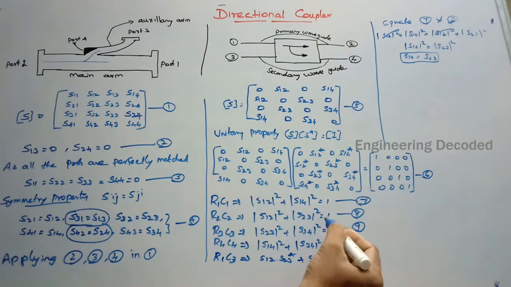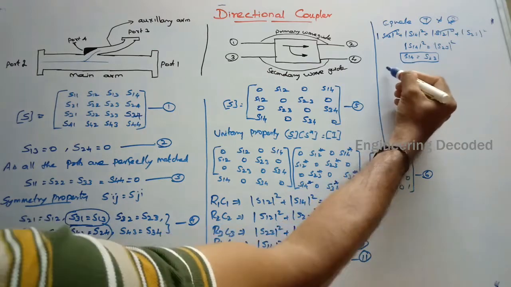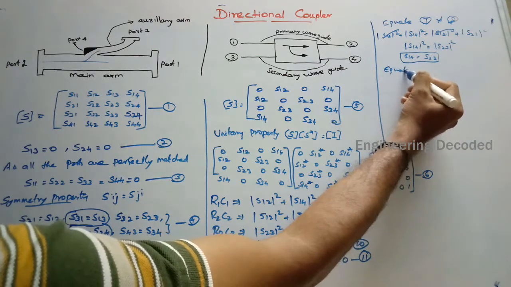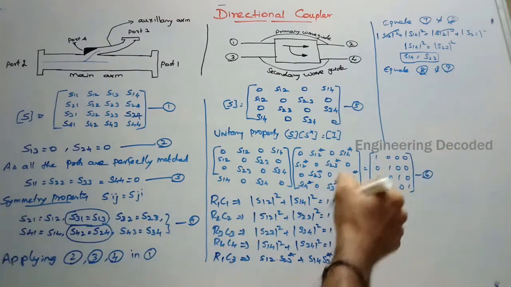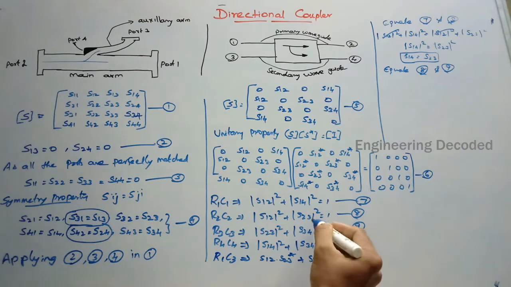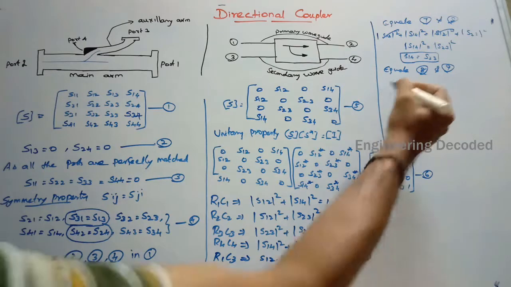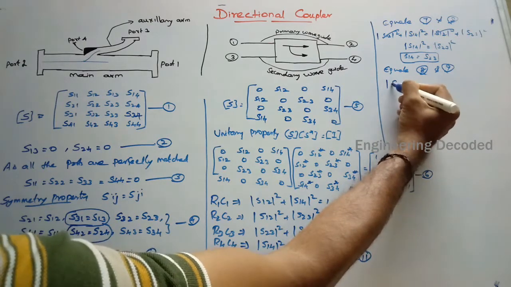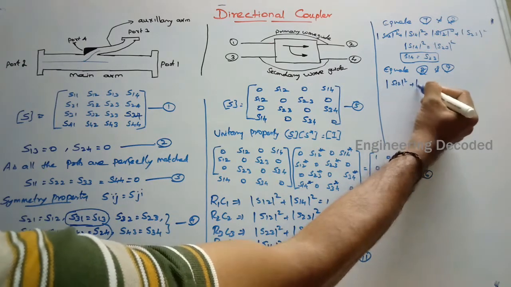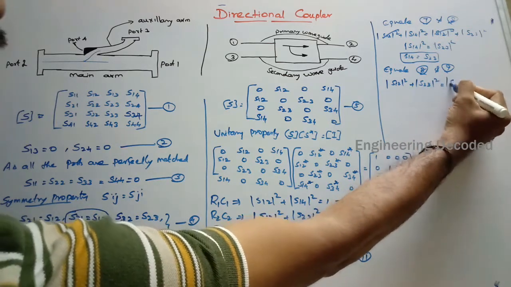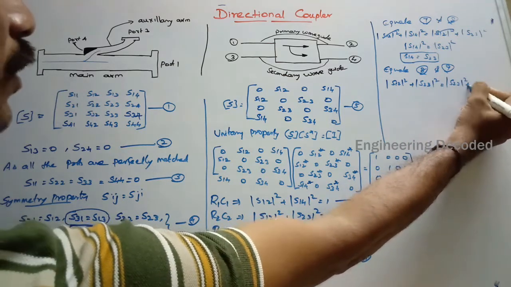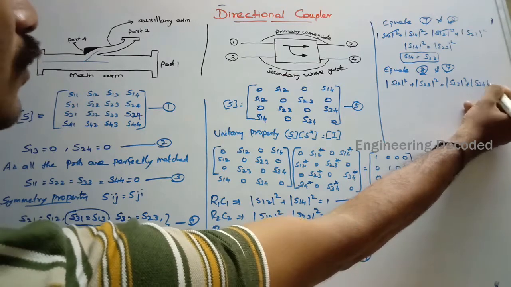Similarly, we can equate equations 8 and 9. Here also the right hand side will be the same, so the left hand side will also be the same. So we can write modulus of S12 square plus modulus of S23 square is equal to modulus of S23 square plus modulus of S34 square.